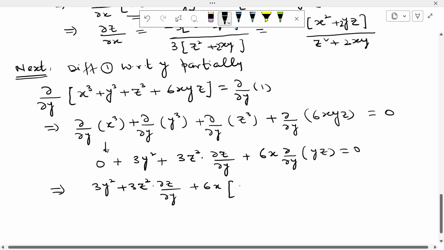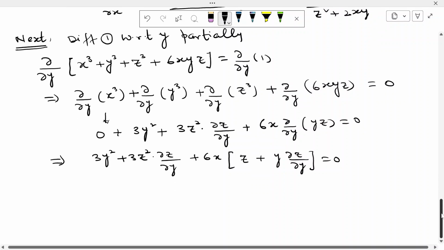So when you differentiate y, which is your first function, you will get 1, and we keep our second function z as it is, plus now the first function is y and we have to differentiate z with respect to y, so this will be ∂z/∂y.